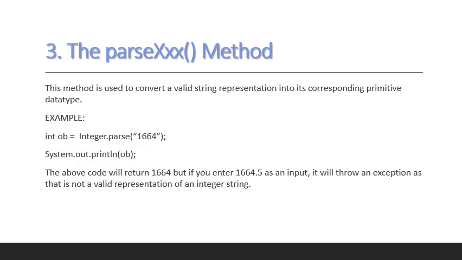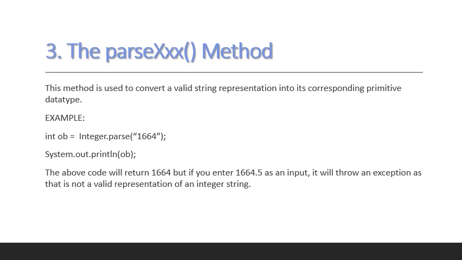Next is the parseXXX method. This method is used to convert a valid string representation into its corresponding primitive data type. For example, int object is equal to Integer.parseInt, and in double quotes you have 1664 or any value. So when you give its output, the above code will return you the simple value 1664.